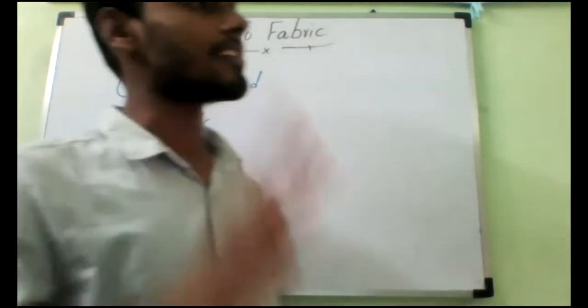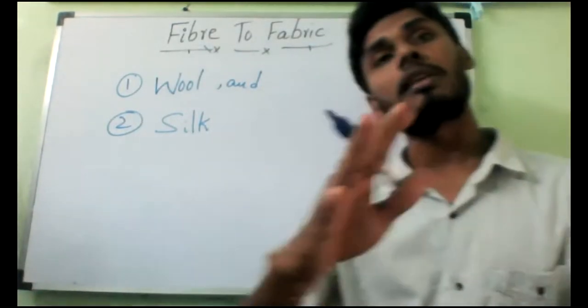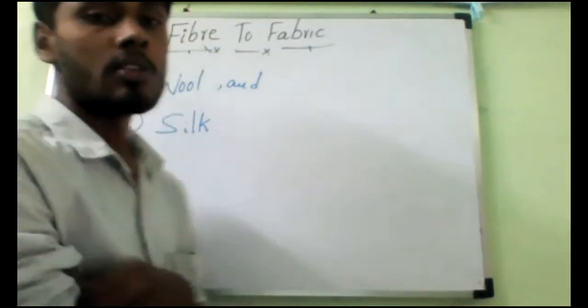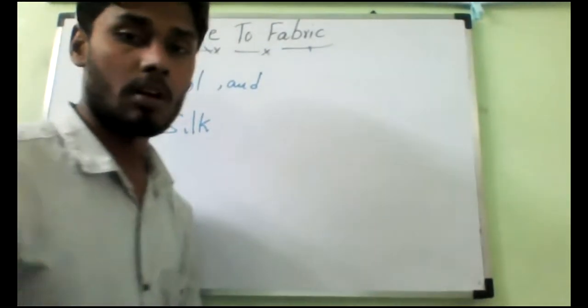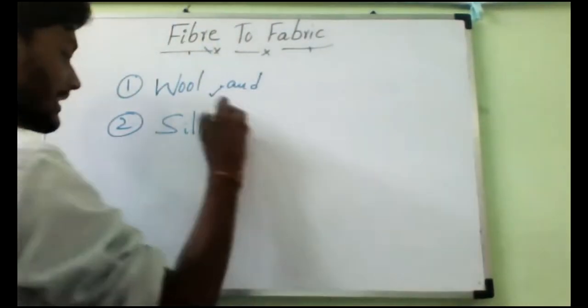So in class 6 we studied the plant fibers, and in class 7 we are going to study the extension of that, which is called animal fibers. We have two important animal fibers, wool and silk.